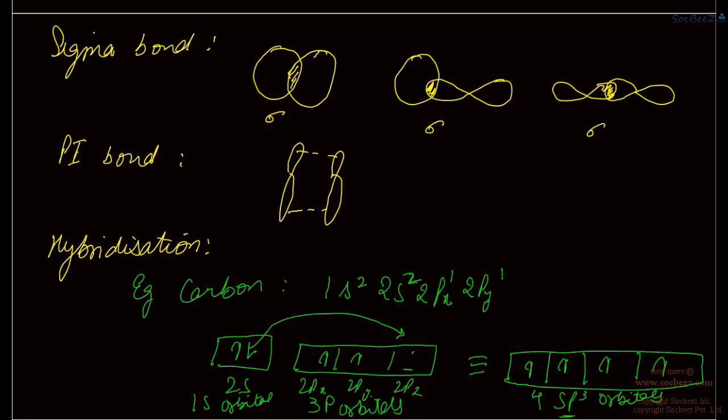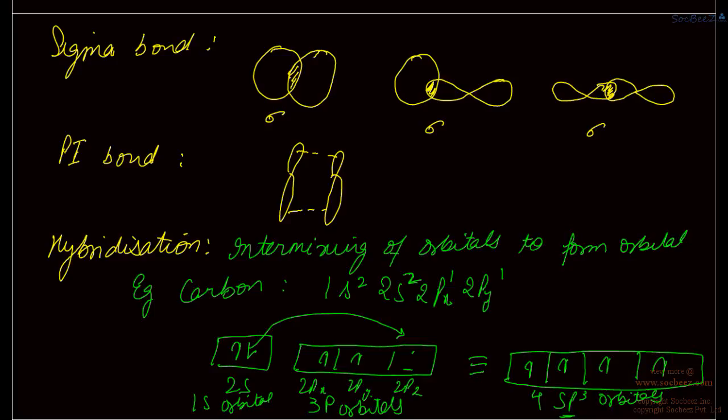This process is known as hybridization: intermixing of orbitals to form orbitals of the same energy.